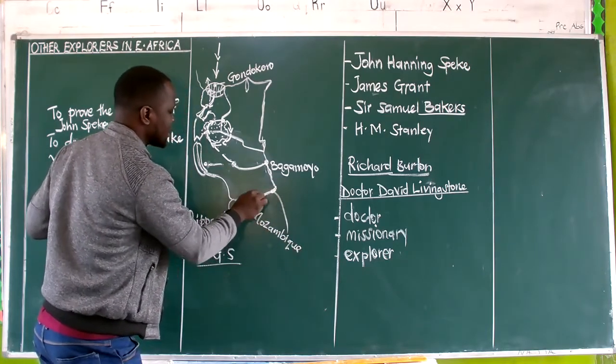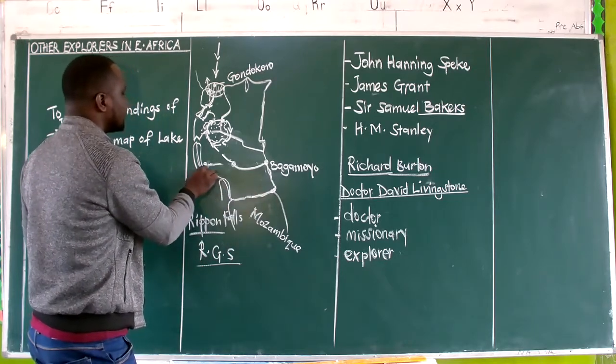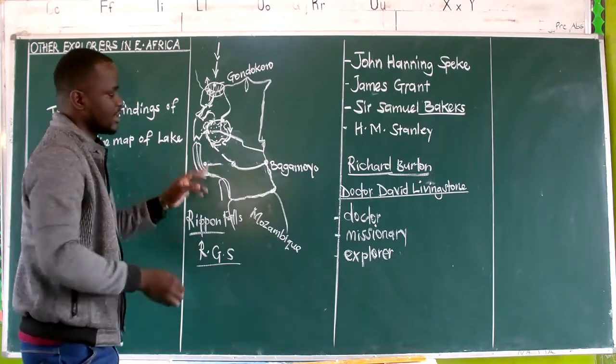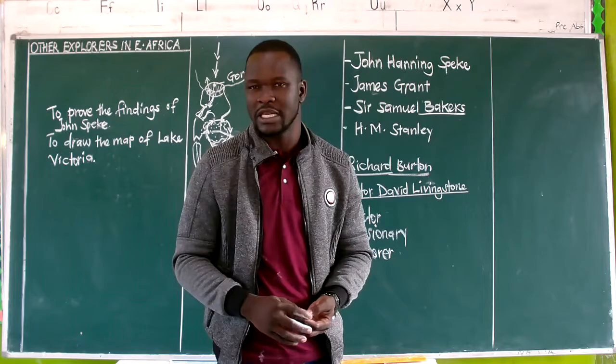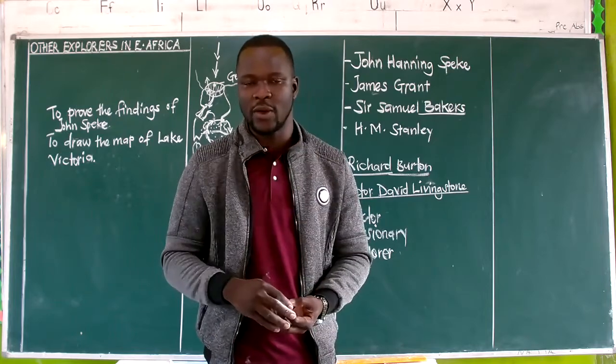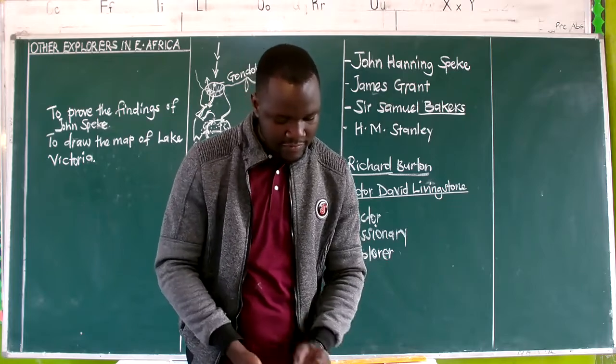So we are having him exploring River Rovuma. We have Lake Malawi here, and then we have also Lake Tanganyika here. So those are his explorations, and we are saying he helped to stop slave trade in the areas where he was, that is by preaching against the evils of slave trade.